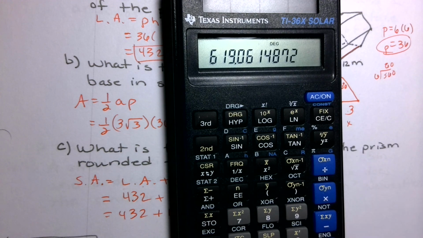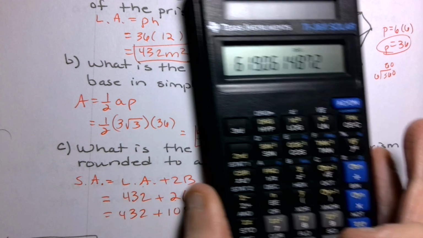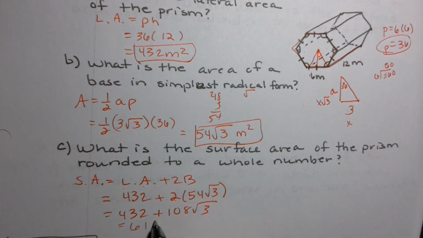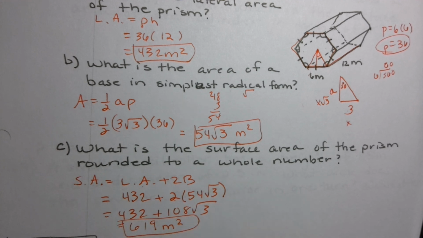So the whole number is the 9, where the 9 is. So it'd be 619. And meters squared, it's all area.